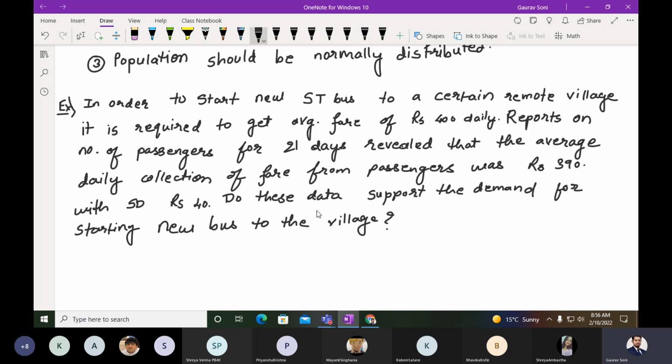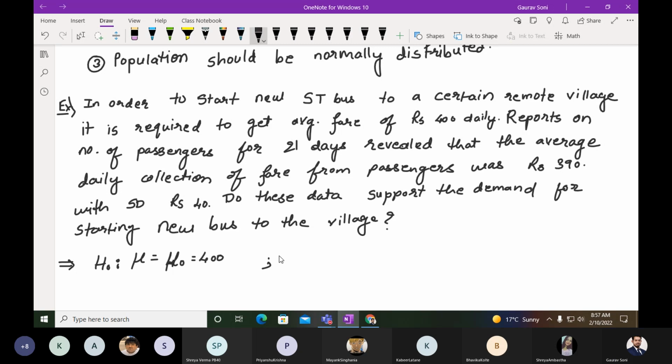So what is happening here? If we want to start a new bus, the average fare has to be around 400 daily, and if it happens to be 400 daily, then this data will support the demand, right? So my null hypothesis H naught is that mu is equal to mu naught, which is 400, right?